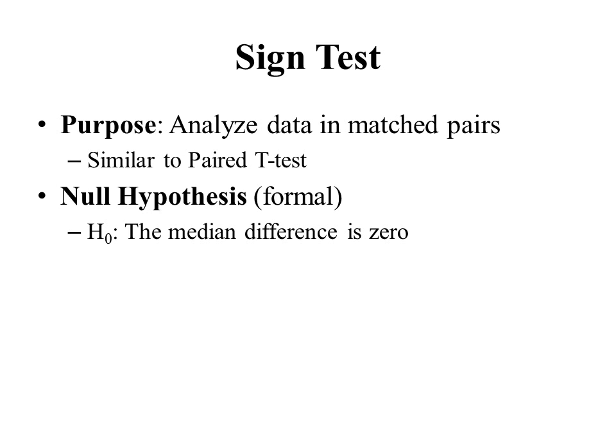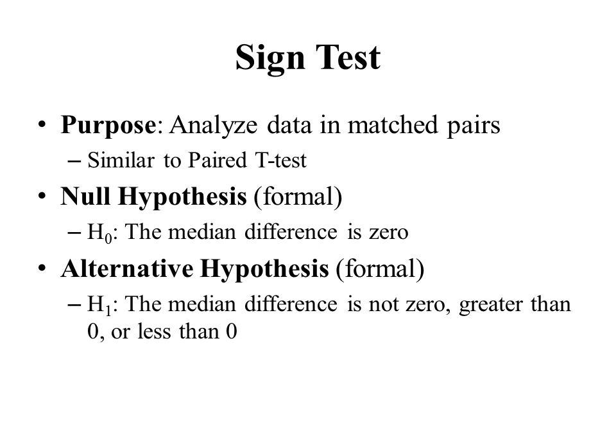Okay? So the formal null hypothesis in a sign test is that the median of these differences is 0. So it's going to be like mu sub d equals 0, although our parameter isn't going to be mu sub d. And the formal alternative hypothesis is going to be one of three statements.